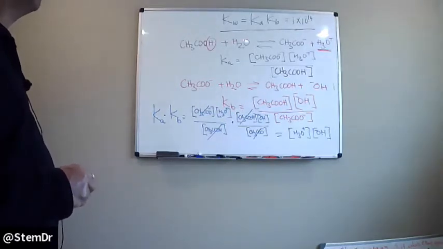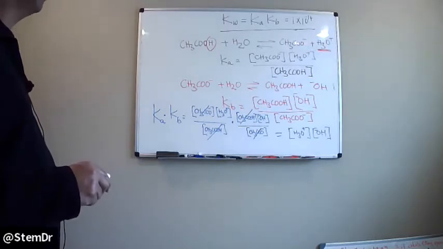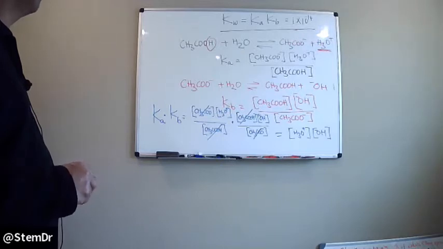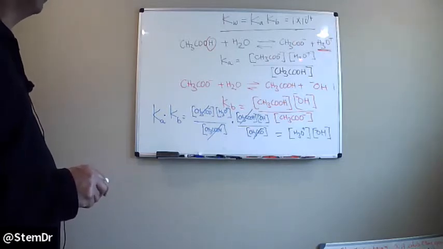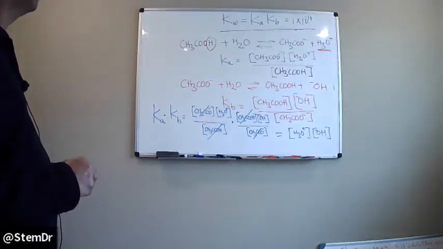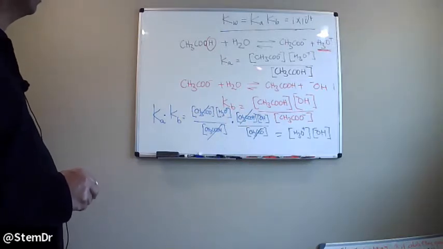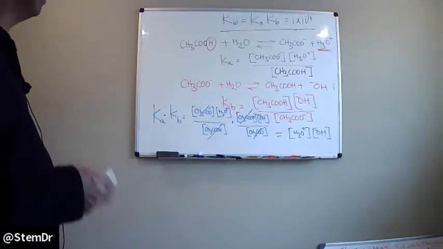The equilibrium shifts to the right very slowly. Therefore, the acid dissociation constant would be the product of the acetate conjugate base and the hydronium ion over the concentration of the acetic acid. So this is Ka, the acid dissociation constant, which we have already introduced before.